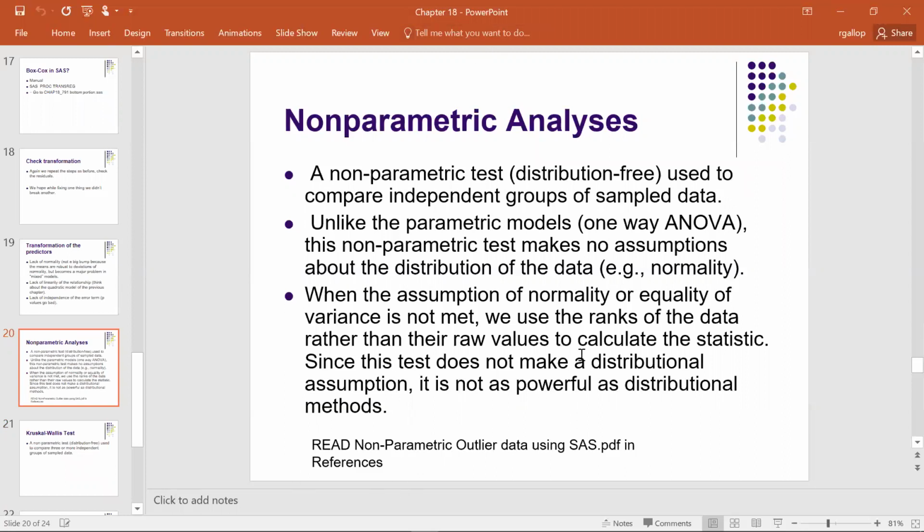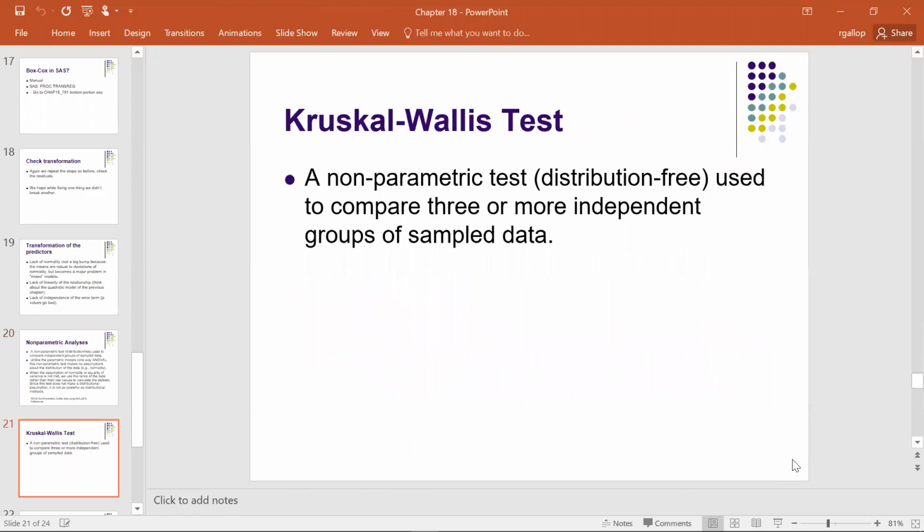Some people go to non-parametric tests, which you can see in the handout on D2L, which lays out the different non-parametric tests in SAS. The non-parametric analog for analysis of variance is the Kruskal-Wallis test, for analyzing 3 or more independent groups. If it's 2 groups, it's called the Wilcoxon rank sum test.